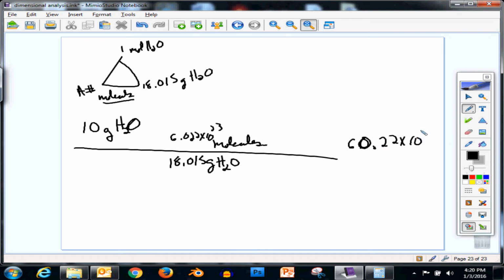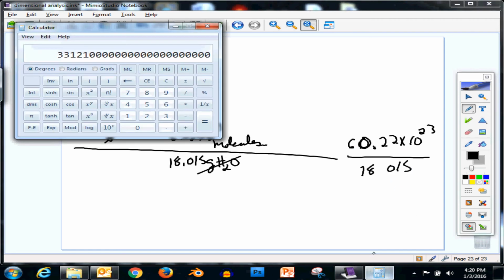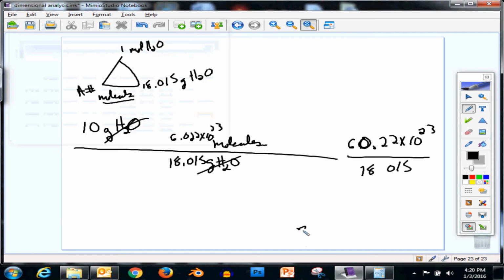Okay? So now, this is where you have to multiply across the top, which will give you, I usually do my scientific notation conversion at the end, 60.22 times 10 to the 23rd, 10 times 6.022, right? Divided by 18.015. So 60.22 divided by 18.015 equals 3.342.